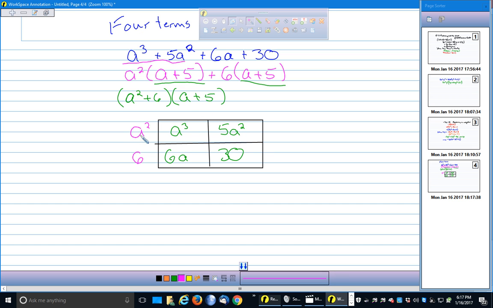Or I can just say, what do I need to multiply a squared by to turn it into a cubed? And you say, that's an a, right? Because a squared times a would give you a cubed, and 6 times a would give you 6a. Over here, you say, what do I need to multiply a squared by in this width right here to give me 5a squared?